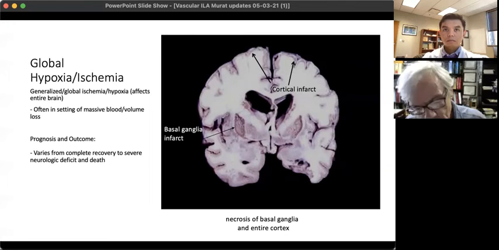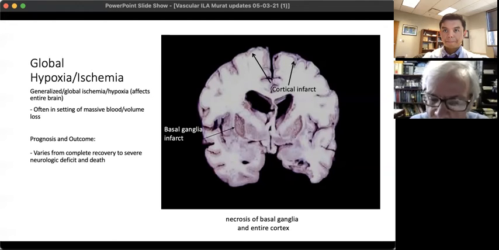The other thing that I would like to bring up regarding global hypoxic ischemic injury is that these are, as we mentioned, systemic processes. And basically, something happens and the entire brain becomes hypoxic ischemic and will eventually die. So just like a focal infarct, now we have the entire brain undergoing necrosis or infarct.